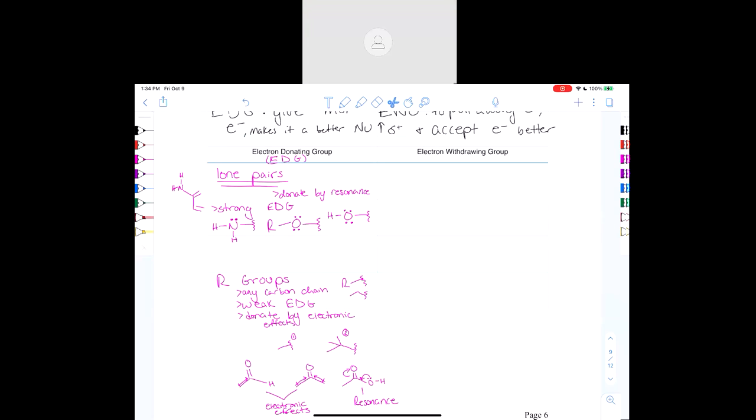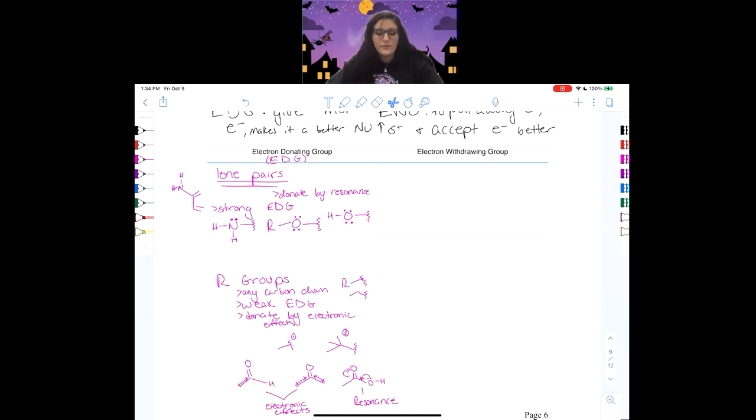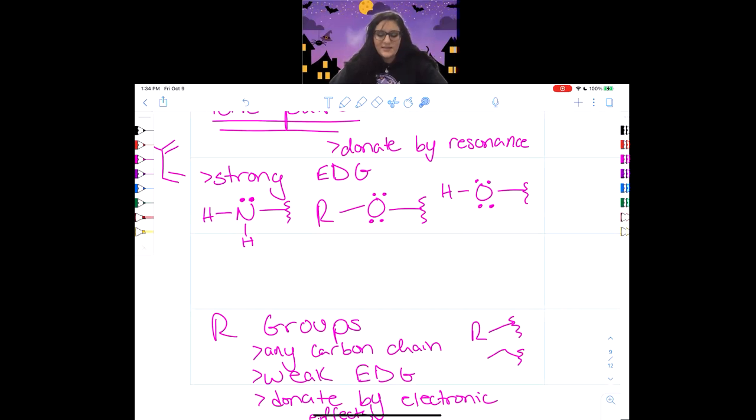I'm a little bit confused. The structures you drew for the lone pairs, doesn't it contain an R group? Not all of them, but yes. It does have an R group, but that's not the important part. So this oxygen is what is actually attaching to the molecule, and that has this lone pair, and that's going to be the bulk of your effect because that's right on the molecule.